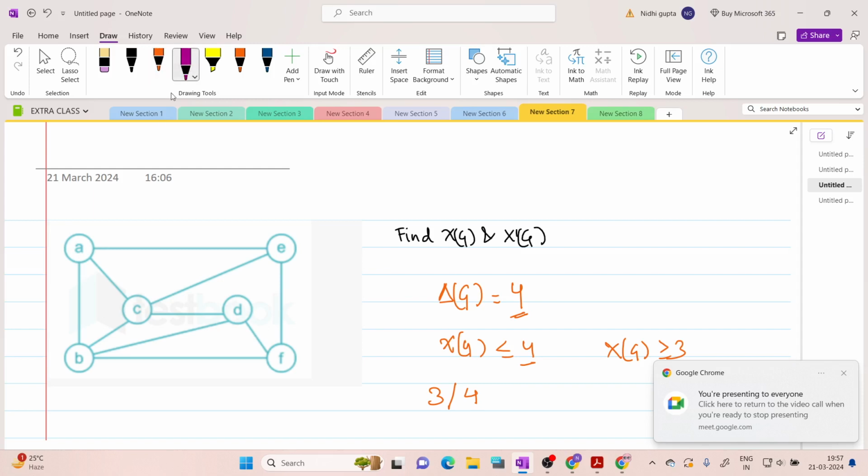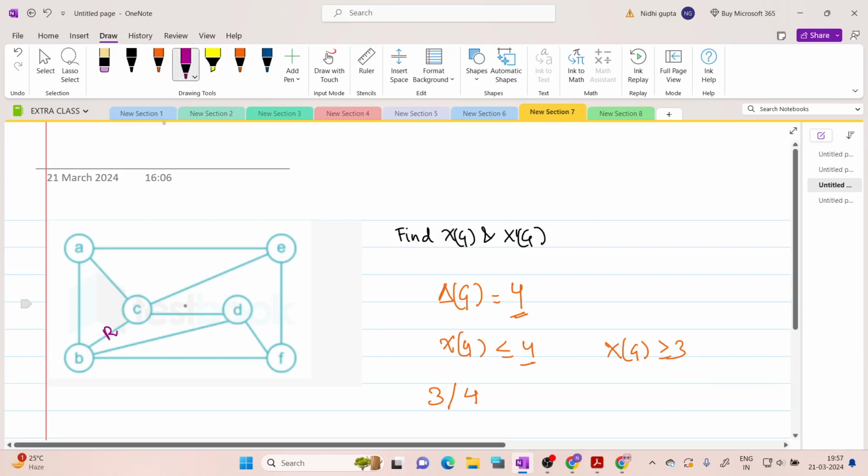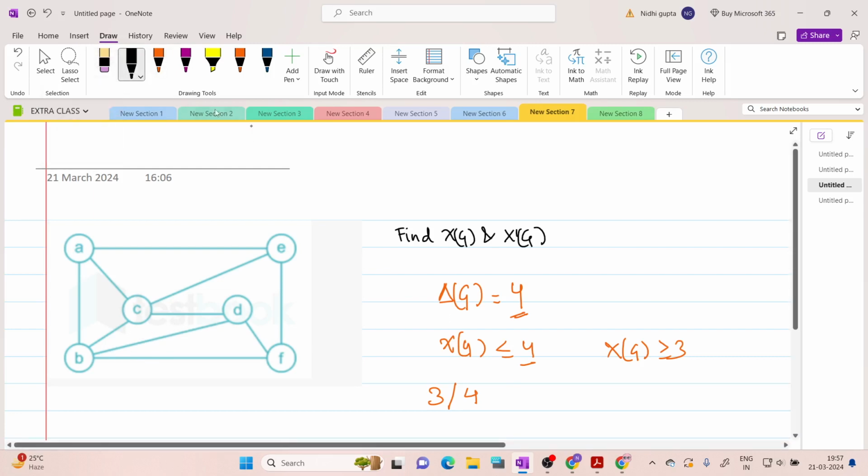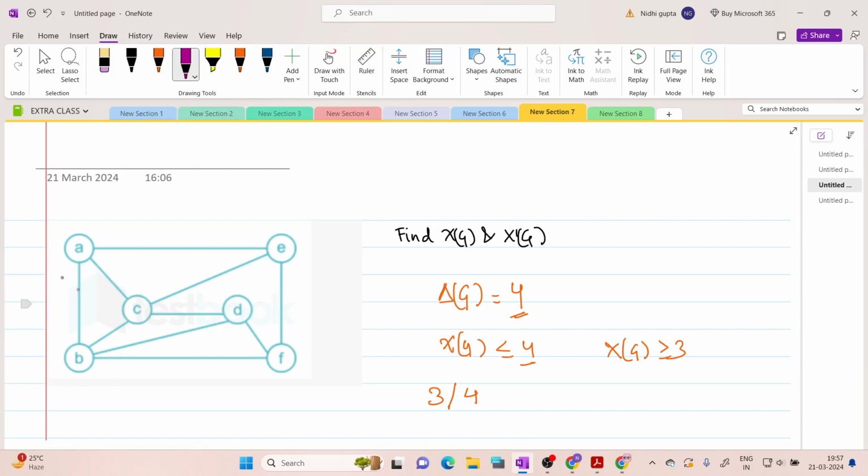So we need three colors, say red, blue, green. First we are looking at the vertices, at the chromatic number. So this is red, this is blue, and this is green.